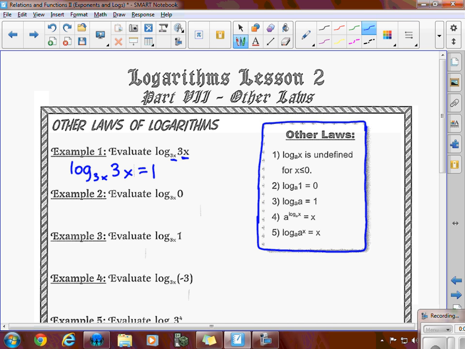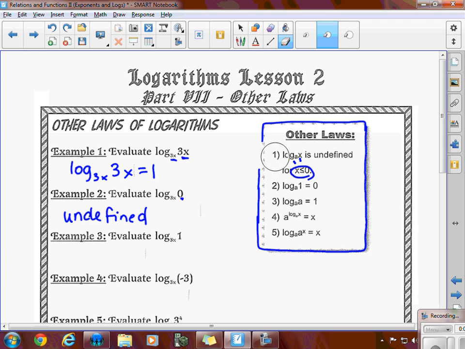But if you look at law 1, it's saying if I have any log with base a of any old stuff, it's undefined when x is less than or equal to 0. So if this stuff is negative or 0, this is undefined. In this case, since it's 0, there is no exponent that I could put on 3x that would ever give me an answer of 0.